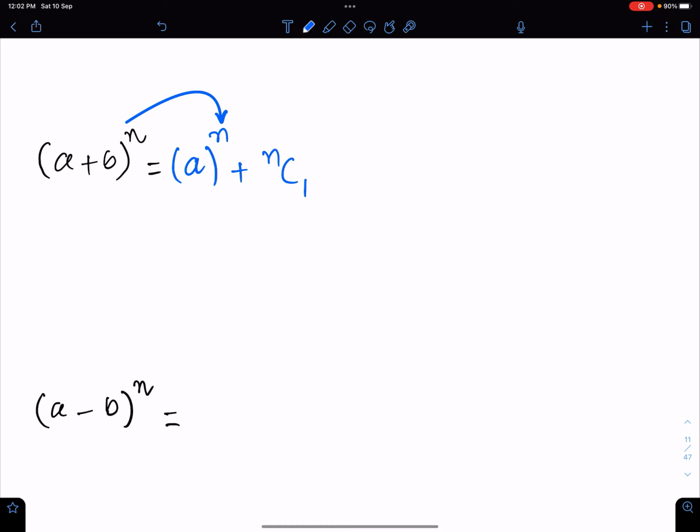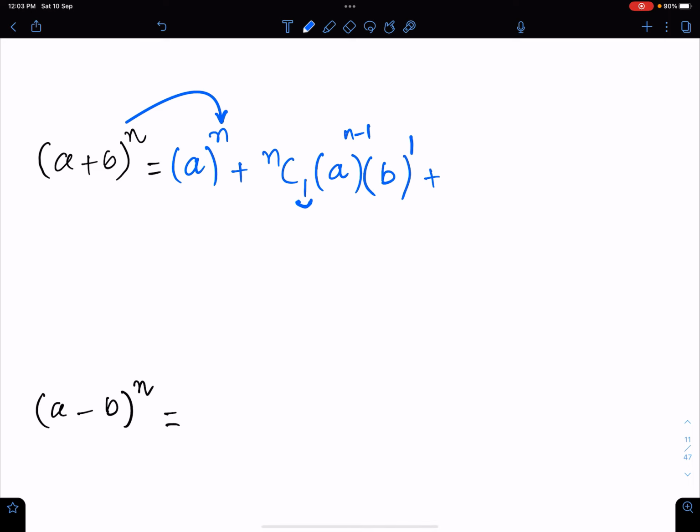Then write nC1, make 2 brackets, one for the first term which is a and one for the second term which is b. Well, this number will be the power of the second term, and the difference of these two numbers, n and 1, will be the power of the first term.